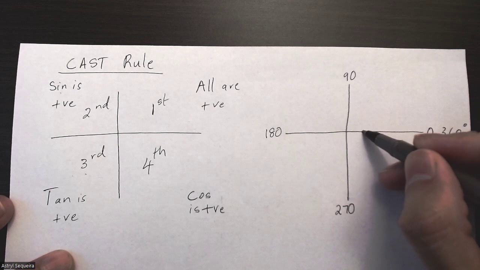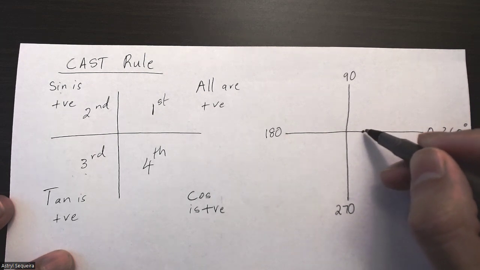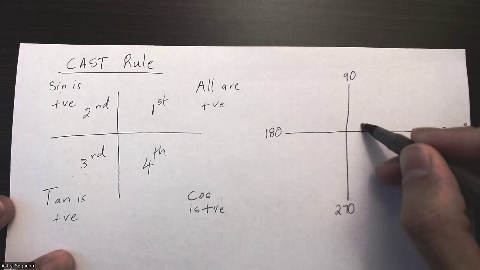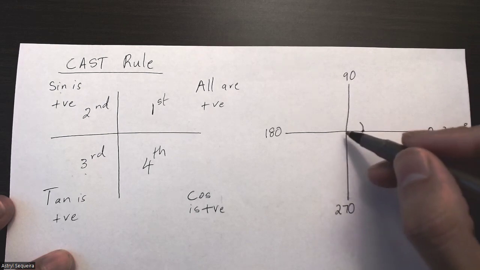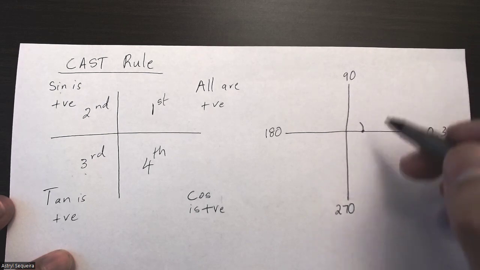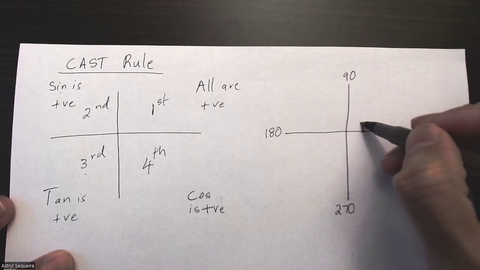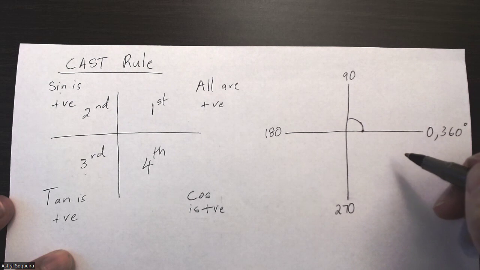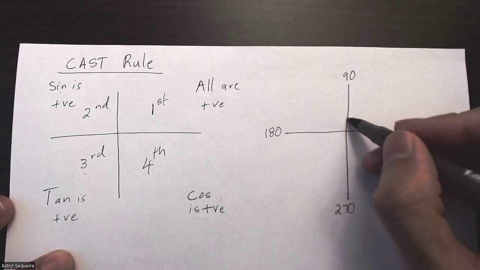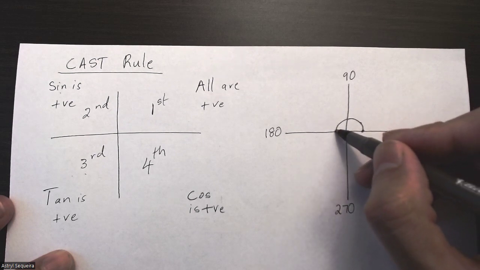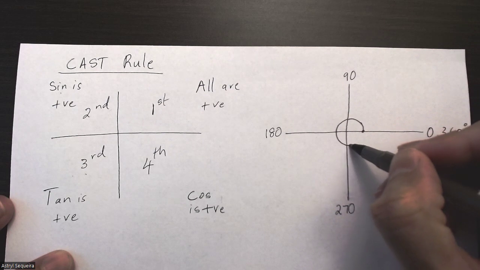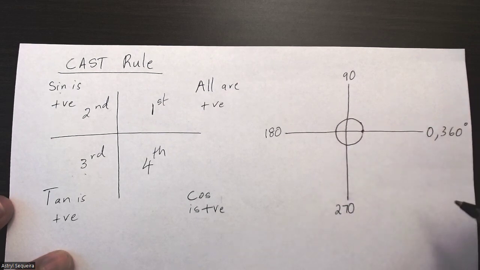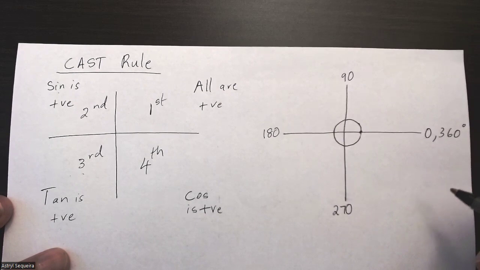I'm basically at 0 degrees. I go in the counterclockwise direction. Eventually I'll hit 45 degrees at some point. And once I hit a full right angle here, that's 90 degrees. Then I go from 90 all the way to 180, 270, then 360, which is one full circle.